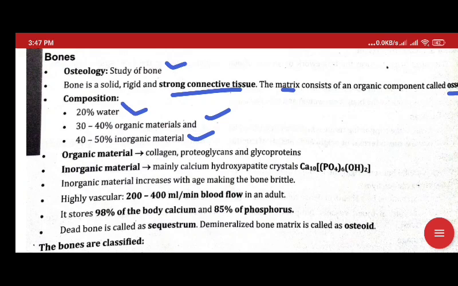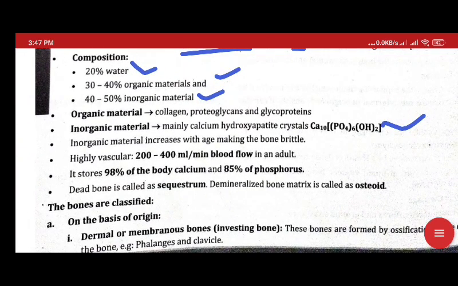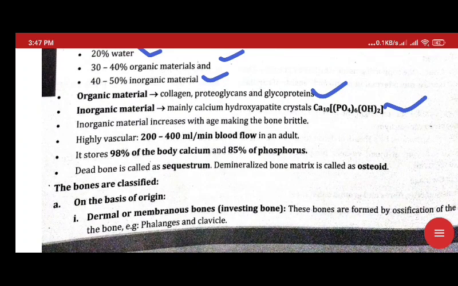This is the formula, calcium phosphate, also named as calcium hydroxyapatite crystals. This is the composition of bone. Now we have what, the velocity of blood flow in bone, that is 200 to 400 ml per minute is the speed of blood.